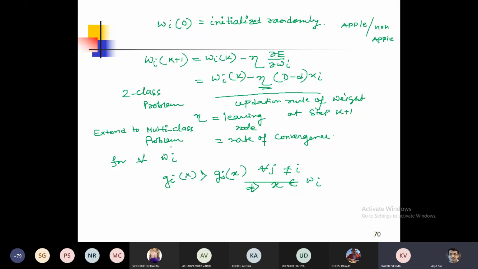Now this can easily be extended to the multi-class problem.